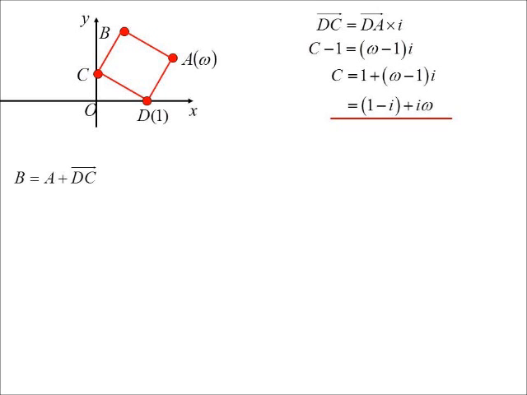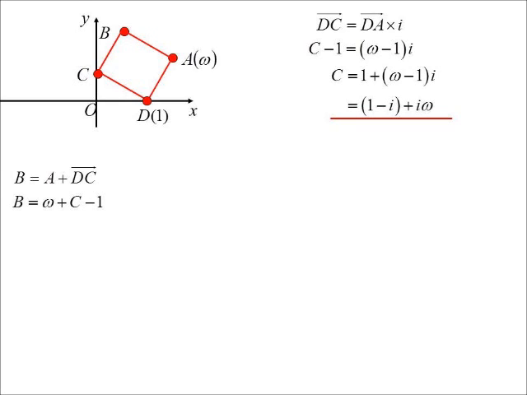Now, if I wanted to work out B, I could say, well, hang on. To the point A, I've added this vector, which is the same as the vector down here, so same as the vector DC. So it's like I've added DC onto A. So to the point A, I've added the vector DC. Well, A we said was omega. DC was C minus 1.